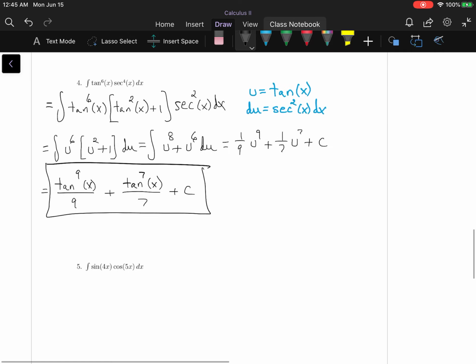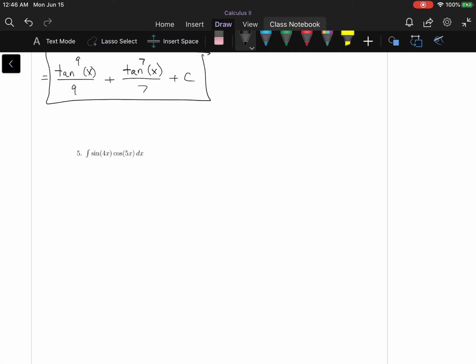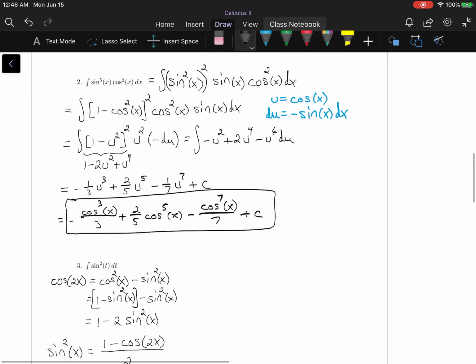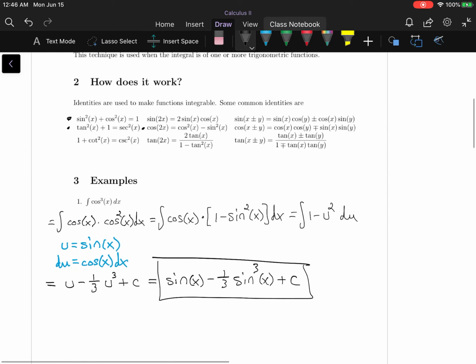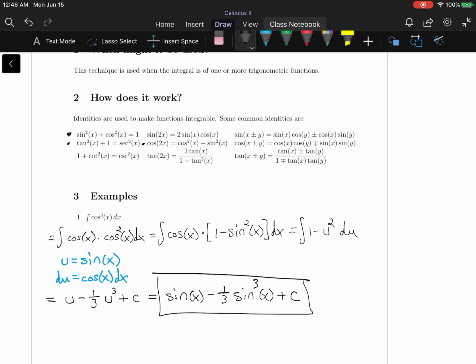So over here, we have sine of 4x times cosine of 5x. There's no power higher than 1. And when I look through my identities, what seems potentially appropriate is this first one in the third column here, the sine of x plus or minus y identity.